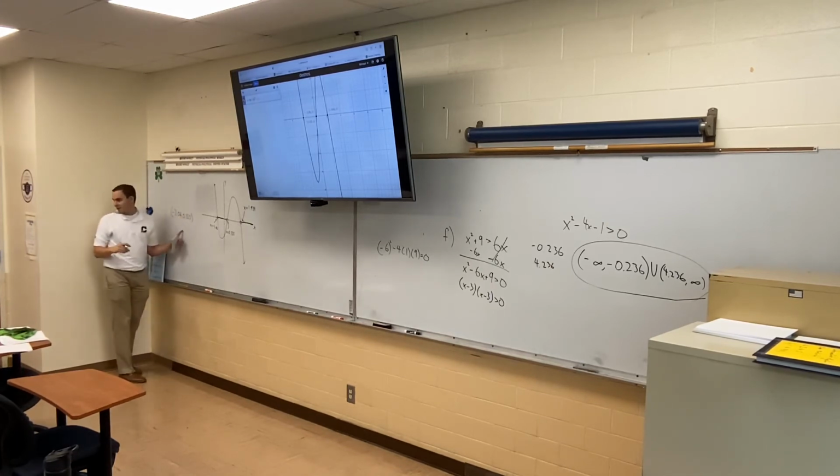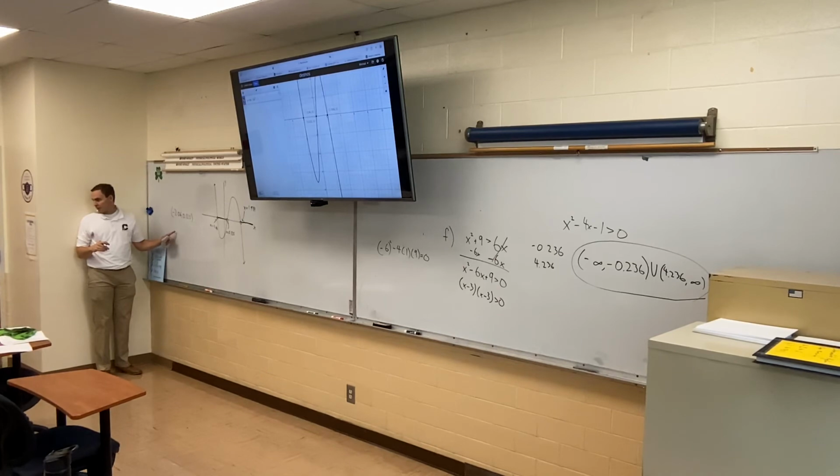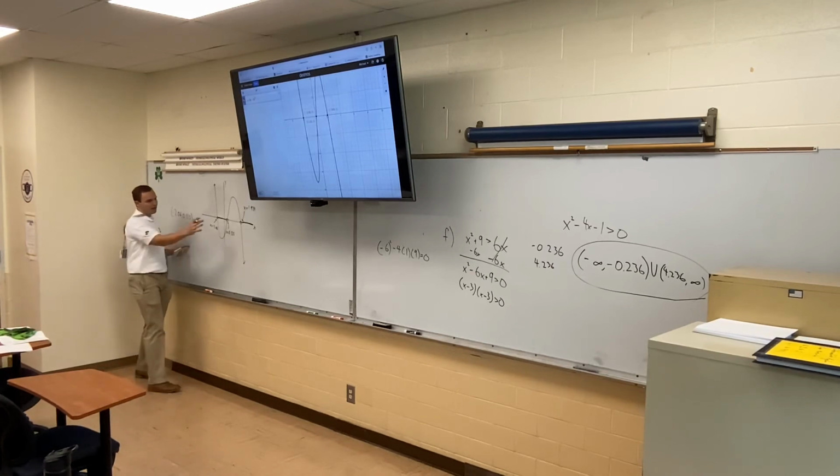So you see how that solves it? The graph dips below the x-axis on this circle. And then my other one's going to be from 1.934 to positive infinity. Okay.